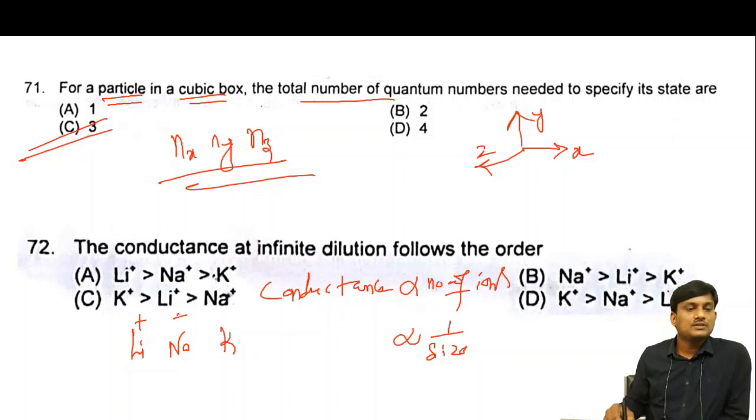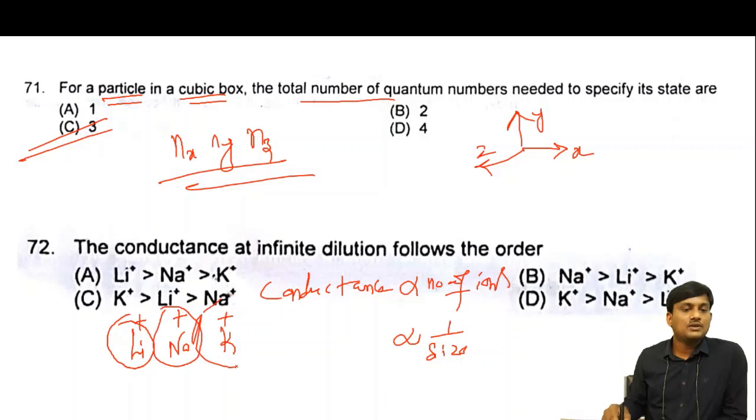If you take it in aqueous phase, lithium has less size, sodium has a little bit larger size, and potassium has a little bit larger. But in presence of aqueous medium, there is hydration. When the size of the ion is small, there is more hydration.